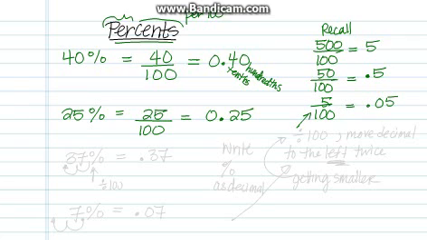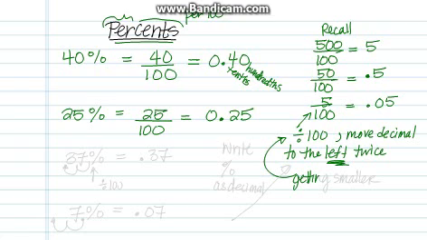We see this dividing by 100 is really allowing us to move the decimal to the left 2 times. And it makes sense that we're moving to the left because if you're dividing by 100, you're getting smaller. So in other words, we have a quick way of writing percents as decimals.